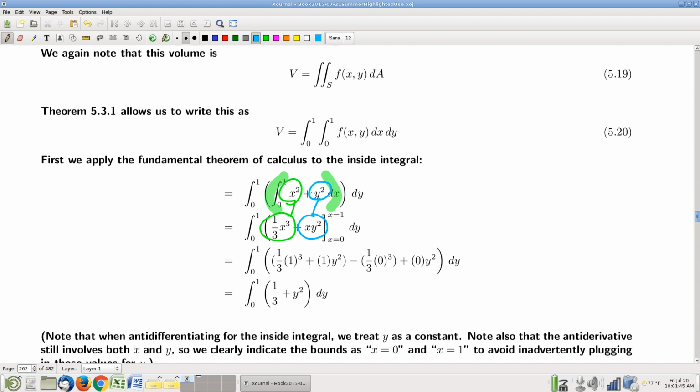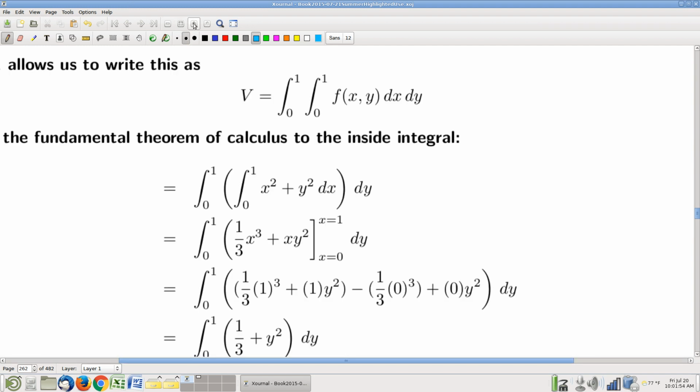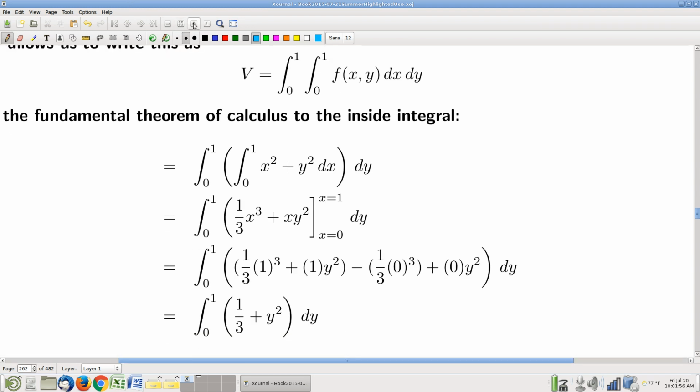Okay. All right. I want to make a strategic suggestion. This is just a suggestion. You don't have to do this. But I think it's a pretty good idea, and I would encourage you, and it doesn't cost you anything, so you might as well. And that is when you write down your bounds, it's perfectly clear when you write down 0 to 1 there that you're talking about x going from 0 to 1 because you can see it right there.